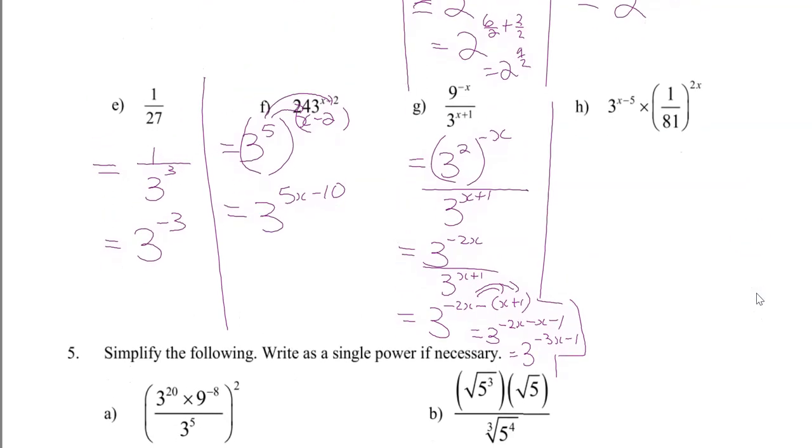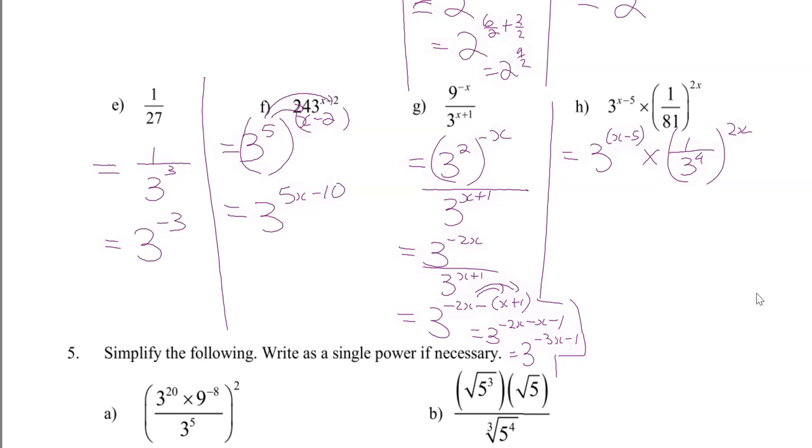3 to the x minus 5. So I just like to put the x minus 5 in parentheses to remind me. Okay, it's a binomial. 81 is 1 over 3 to the 4th. So we're changing 81 to a base of 3.